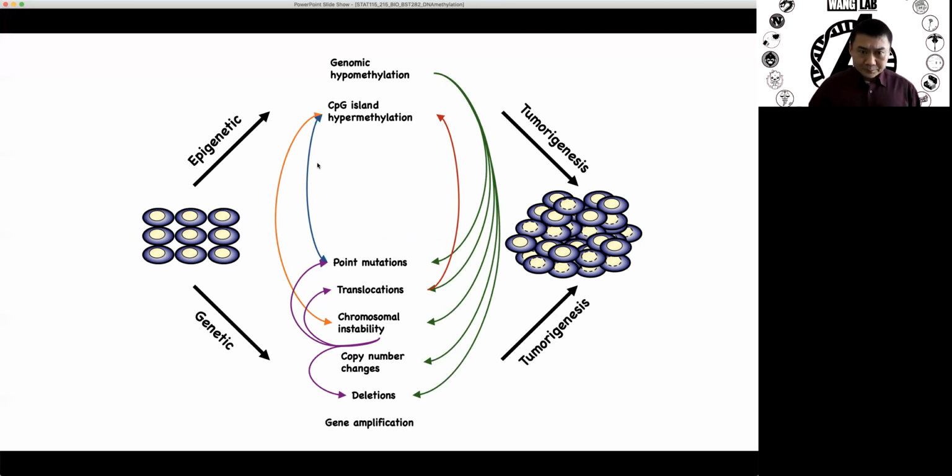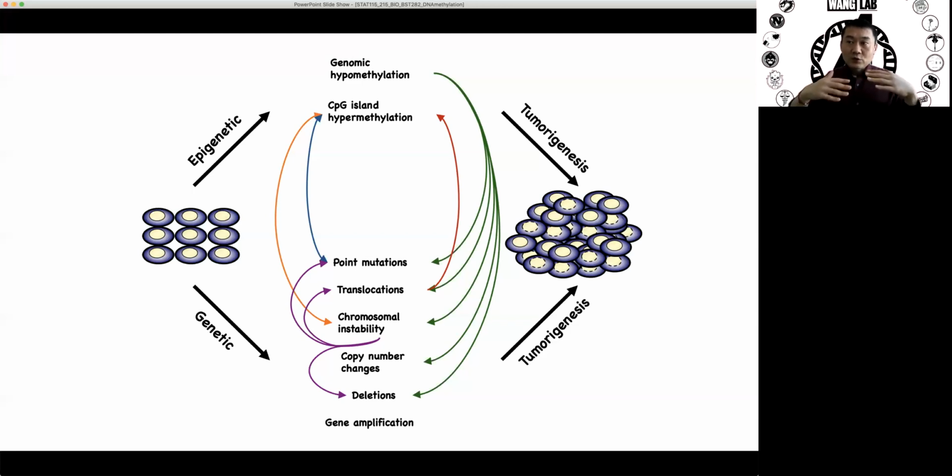For example, the two most important hallmarks of cancer in the context of DNA methylation are genome-wide hypomethylation and increased focal methylation over promoters of tumor suppressor genes, right? As we just mentioned, when you have genome-wide hypomethylation, the paracentromeric regions are losing DNA methylation, and they're filled with repeats.